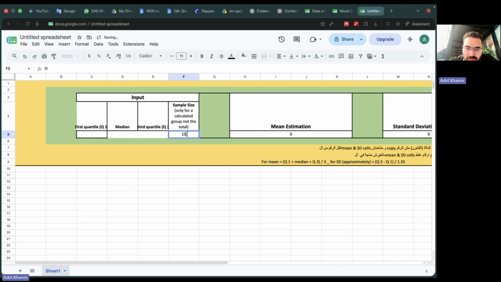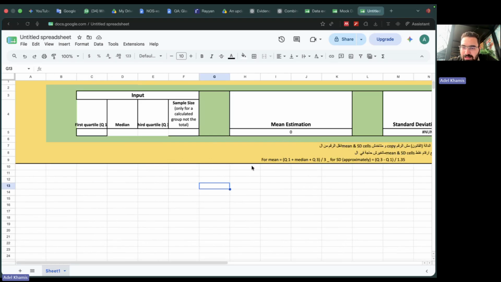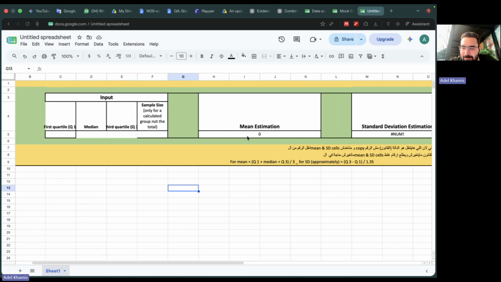There are, of course, some guidelines Dr. Anas put, just so as not to manipulate the calculation he made in the spreadsheet. So I just want you to make sure that you do not manipulate these calculations. So that's it.